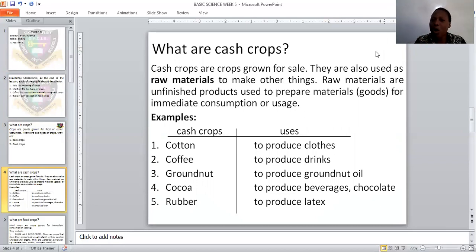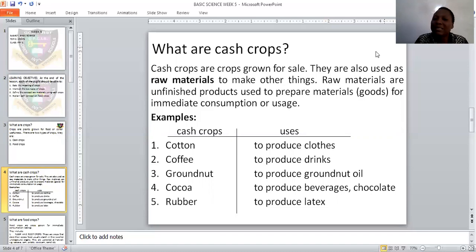The main purpose of planting such crops is for you to make profit.